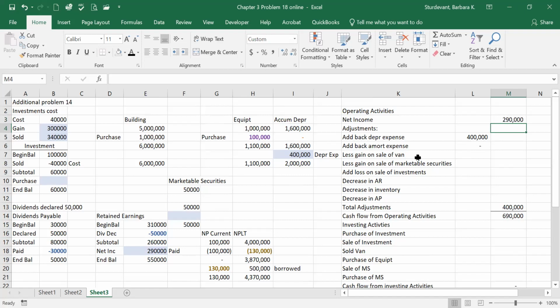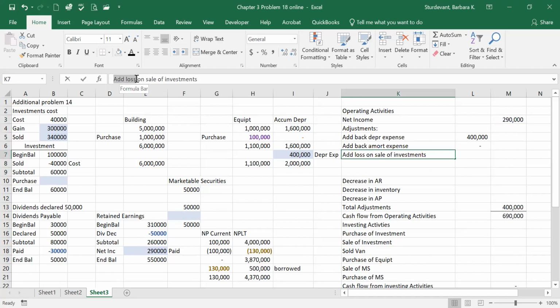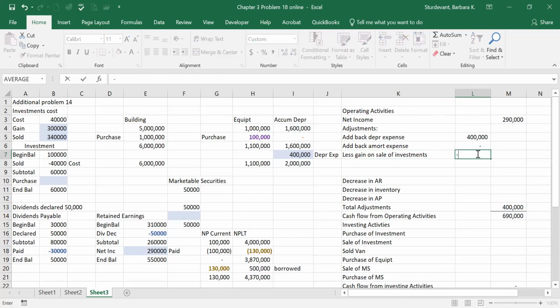Okay, so we had a gain on investments, right? And we had a gain on investments of how much? Look at the information we have here. 300,000. Okay, and we need to subtract it, right? We don't have any other gains or losses because we didn't sell anything else.